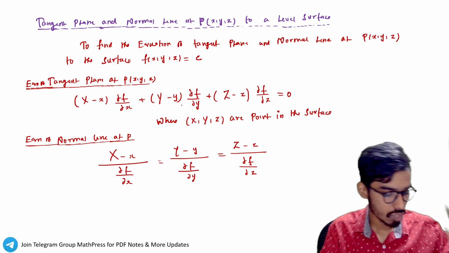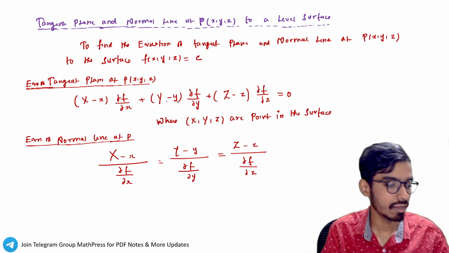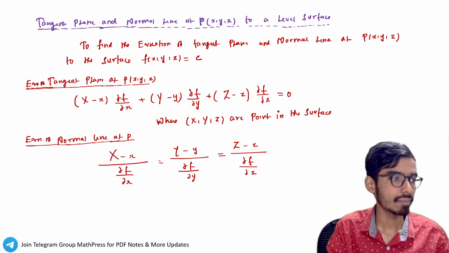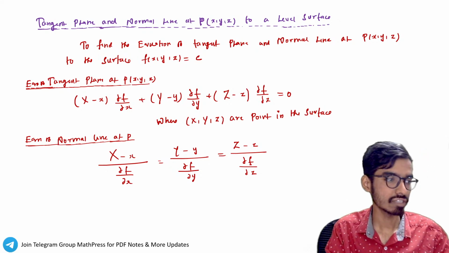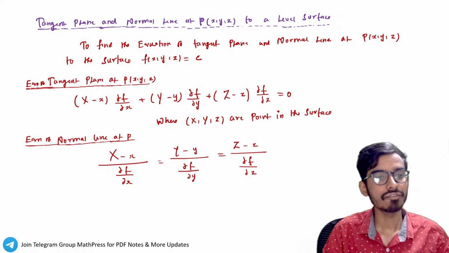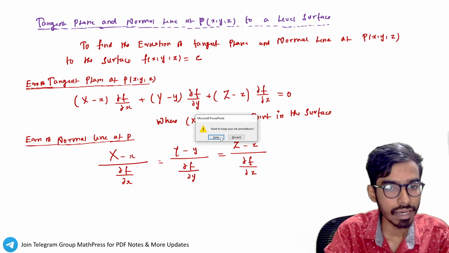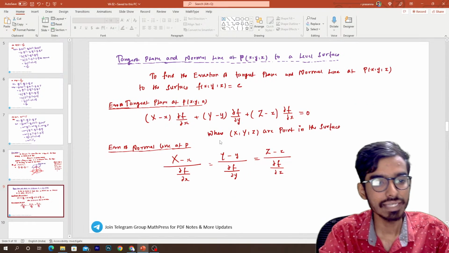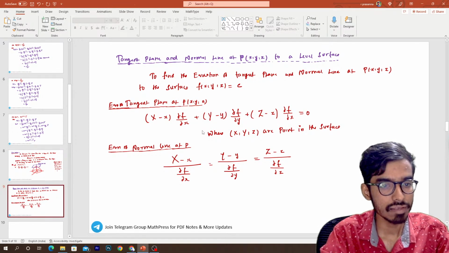Now I will let you know how this formula came. As of now, is everything okay? We have defined the level surface, and we are talking about the tangent plane and normal line to the level surface at a point P. As of now, I have given you the formula.